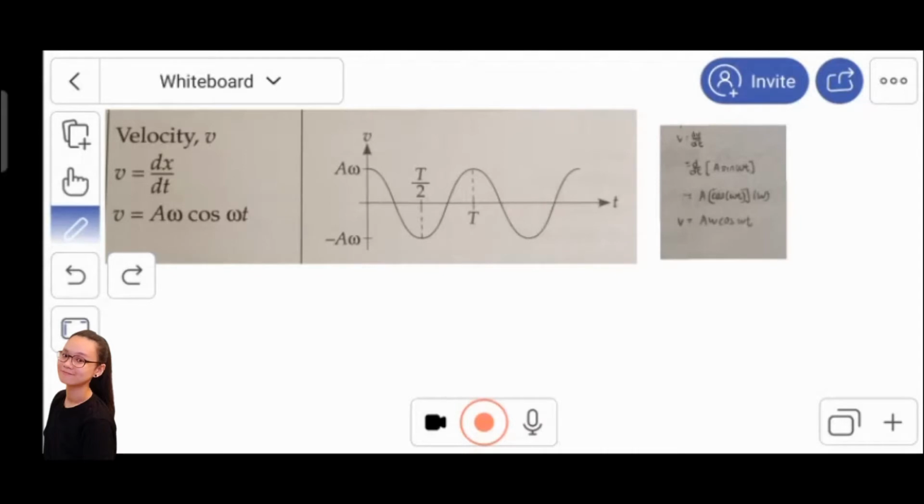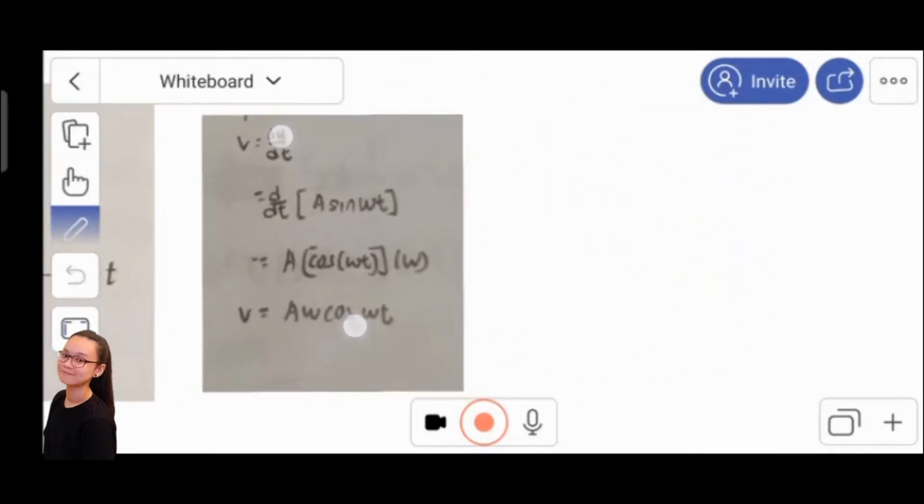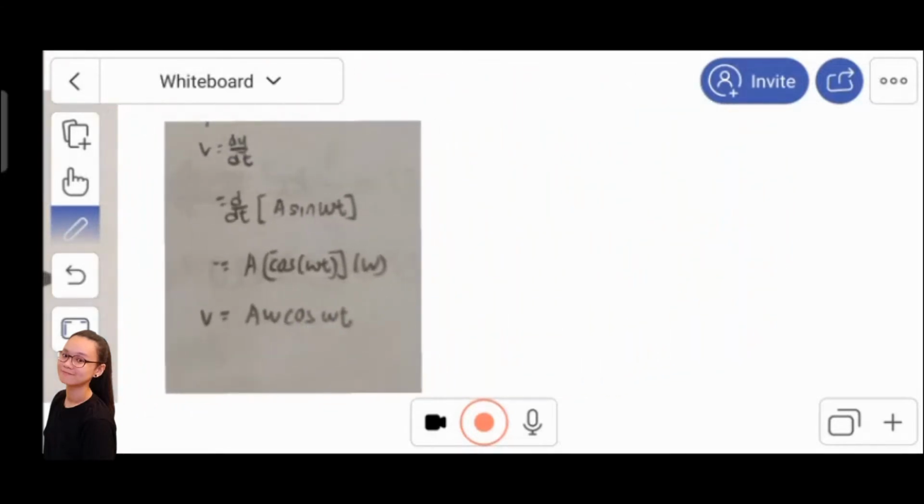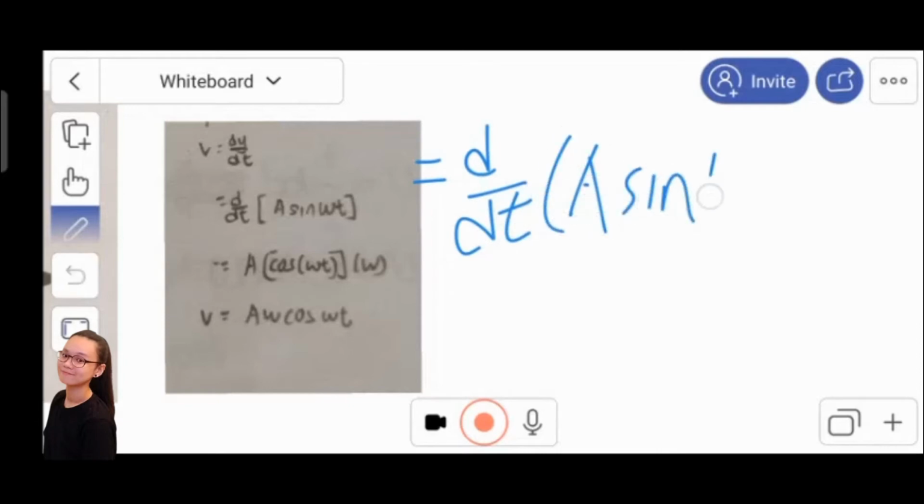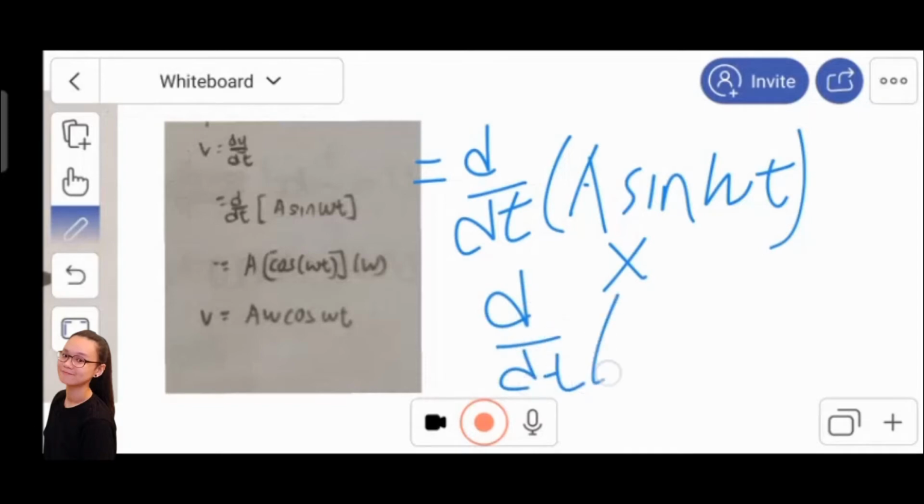Second, let's learn about the velocity against time graph. We get the formula of this graph by differentiating the formula of x. Let's see. The differentiation of x starts with the differentiation of the sine, times the differentiation of the angle inside here.